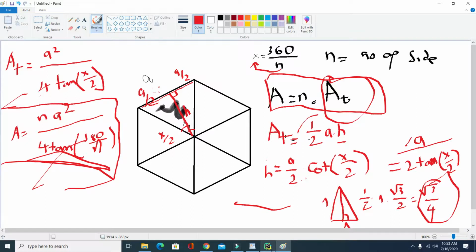So let's calculate again. 1/2 of 1 times the square root of 3 over 2, which is quite correct. Yeah, so square root of 3 over 2. The area should be smaller than 1.